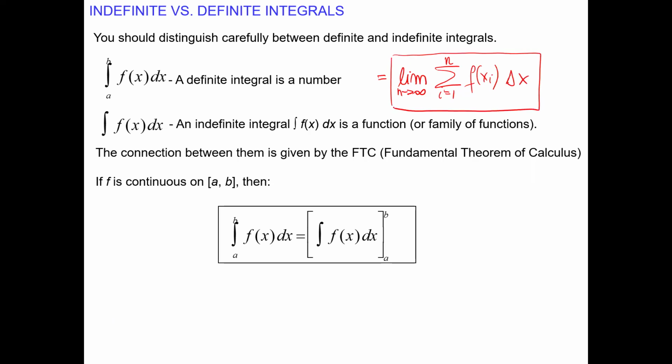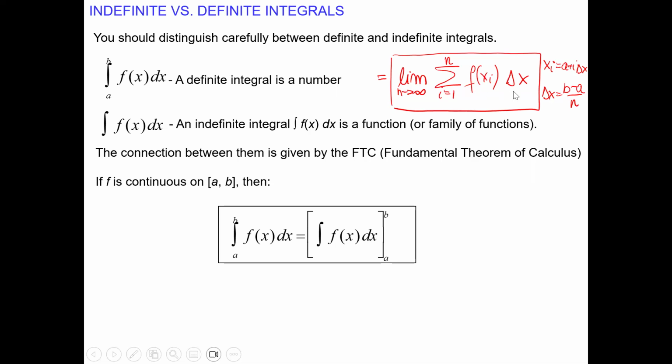That's what we did, the definition of the definite integral. Okay, and then the sample point x sub i is defined as a plus i times delta x, and delta x is defined as b minus a over n, and n is infinity. We also know how to evaluate a definite integral using a limit definition.